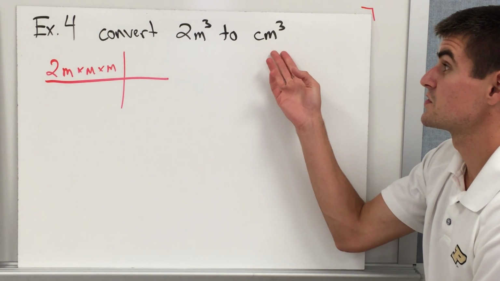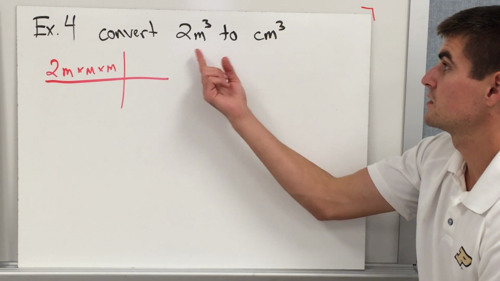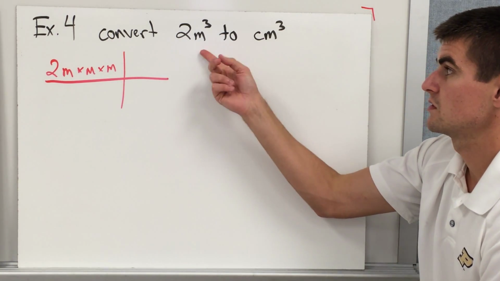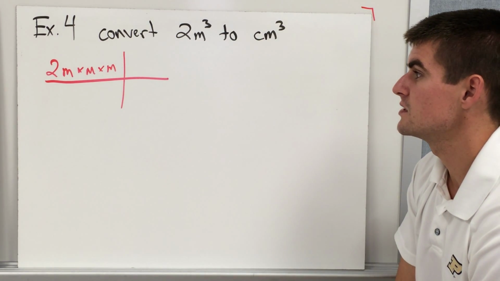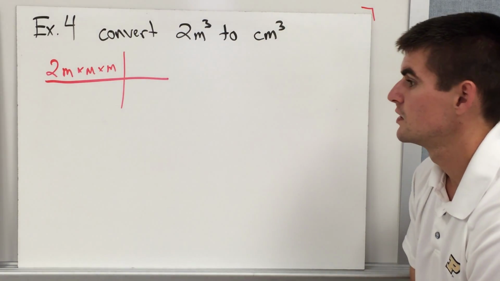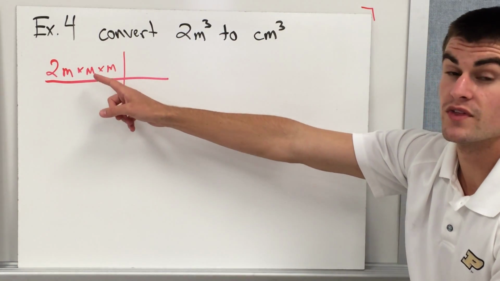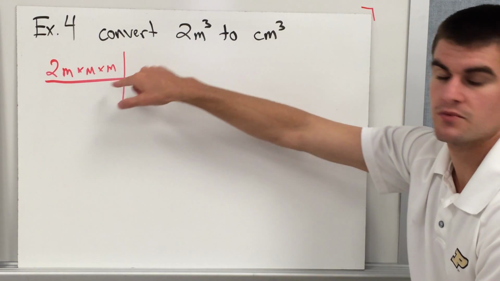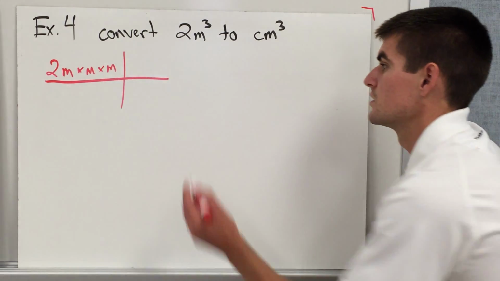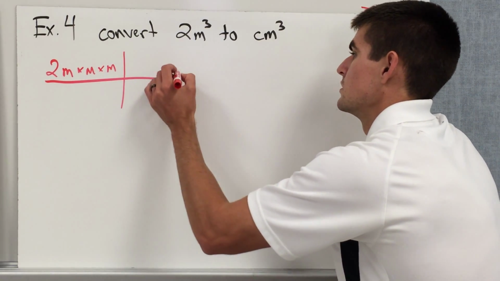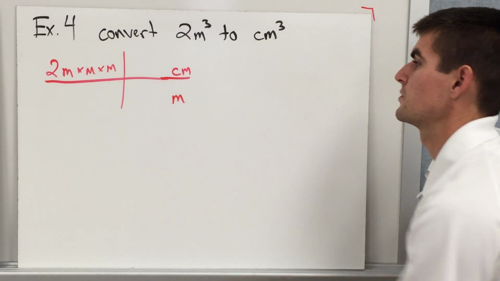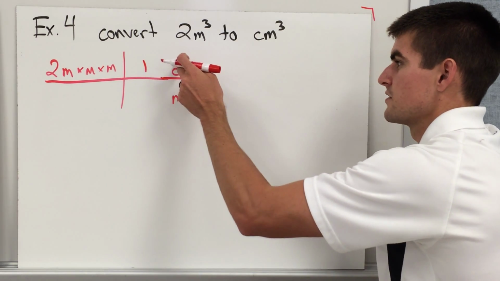I'm trying to convert 2 meters to centimeters cubed. We said normally to go from something with a prefix to without a prefix is only 1 step. Well, we now have to do that same 1 step 3 times, and we're just going to copy it. So meters are going to go on the bottom, centimeters are going to go up top, the 1 goes next to the one with the prefix.